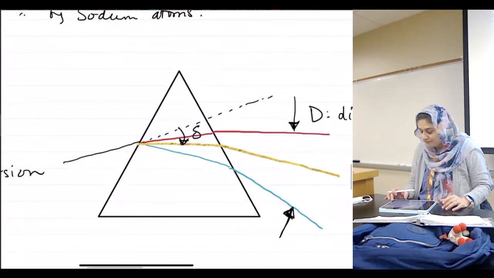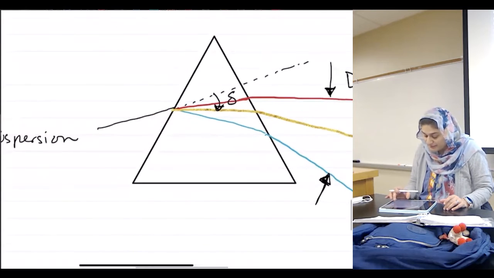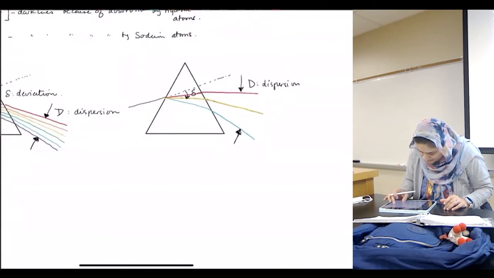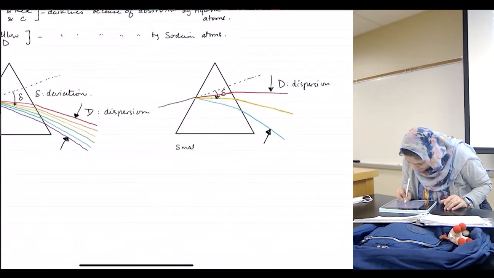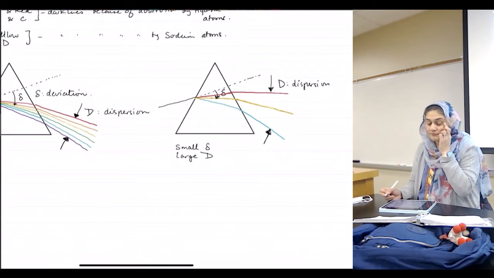Do you guys notice that? So this type of glass will have a small delta, but a large D. Here's a trick to remembering it.